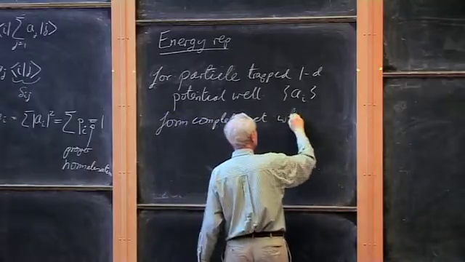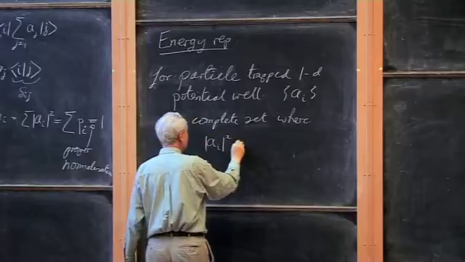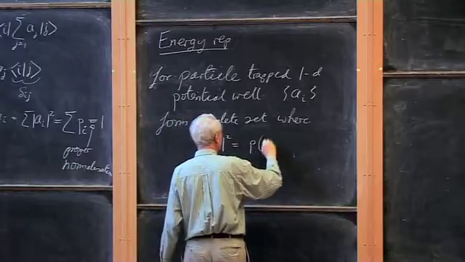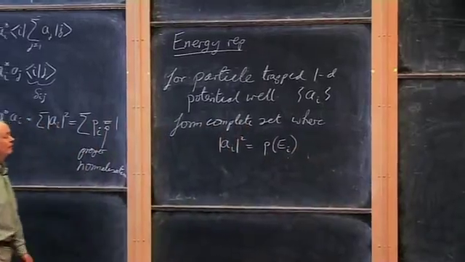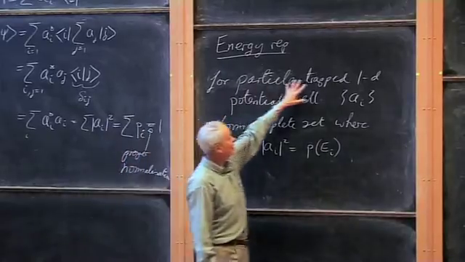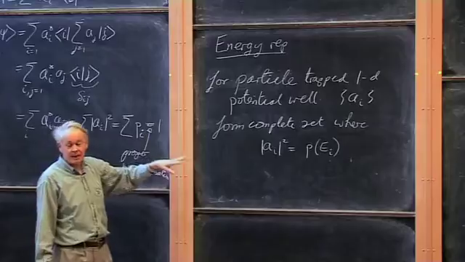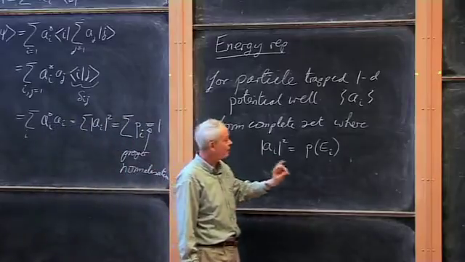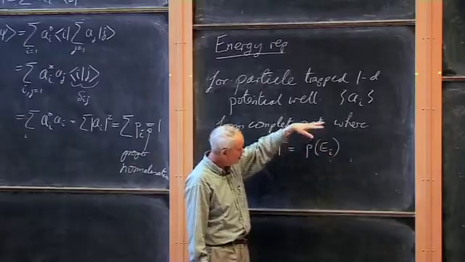Where |A_i| squared is the probability of measuring the ith allowed energy, right? So the energy, in this case, when we have our particle trapped inside a potential well, has a discrete spectrum. Remember, we introduced the idea of a spectrum. Those are the possible values of your measurement. You can only measure a discrete set of numbers.